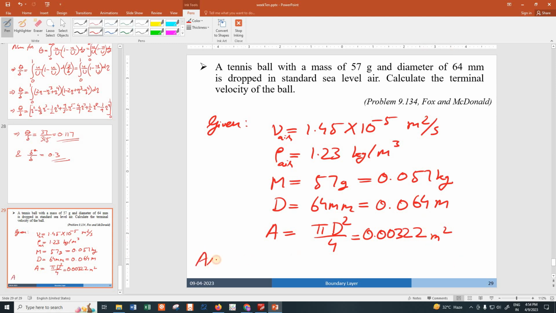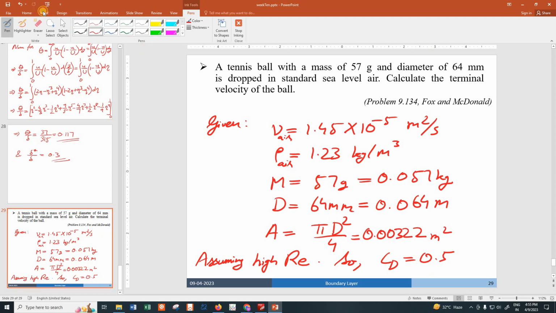Now we assume the flow to be at higher Reynolds number, so the drag coefficient can be approximated as 0.5.